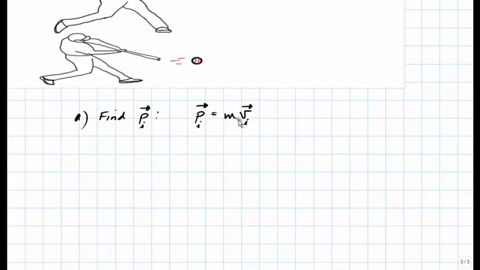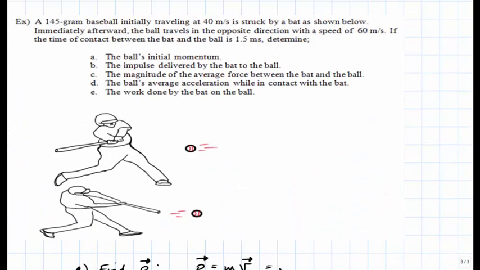If the ball is traveling to the left, of course, we'll enter it as a negative value. Okay, so in this problem, the ball's mass was given as 0.145 kilograms, right? Let's take a look. The mass is specified as 145 grams. Of course, we need the SI unit for mass, and we will therefore bounce the decimal point over 3 times, 1, 2, 3 to the left, right? Because there are 1,000 grams in a kilogram.